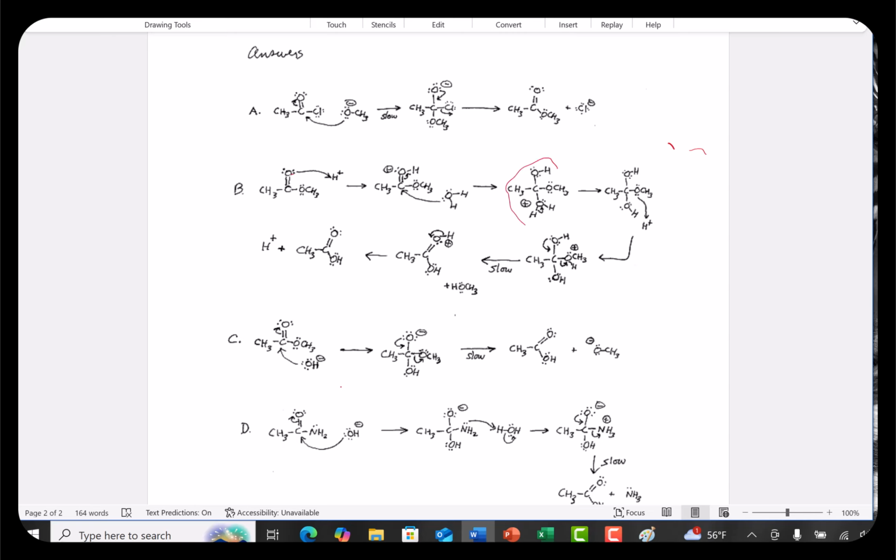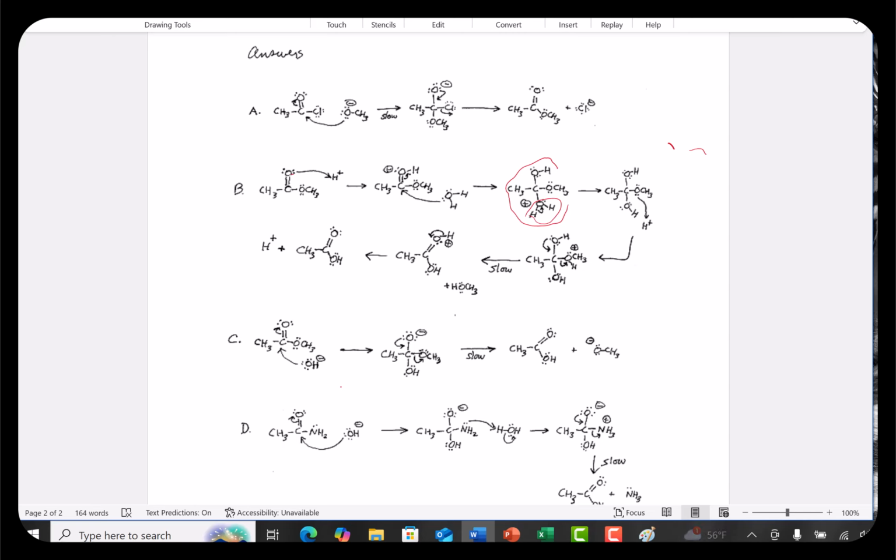It gives a tetrahedral intermediate shown here. And now the proton shuffle step. The leaving group is OCH3, and it's got to bear a proton. That happens in two steps. So H plus comes off the oxygen here, and in the second step it attaches to the methoxyl oxygen. And we're ready to launch off the leaving group.